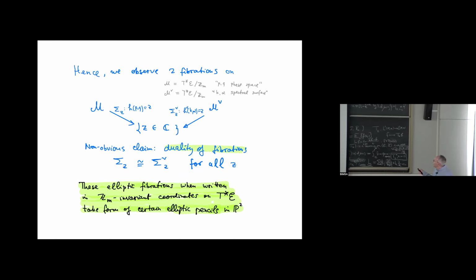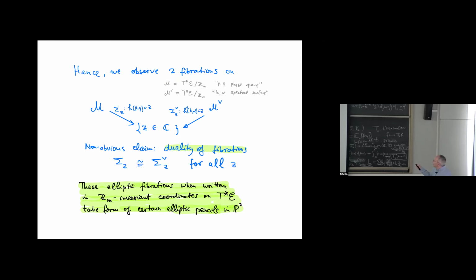We have two fibrations over the same base Z. You can fix the value of H in terms of p, q, as I did before on the previous slide. Then you get one fibration, which I call H check. And another one, if you fix the value of H check, then you get the level surfaces of my original Hamiltonian in the original space.